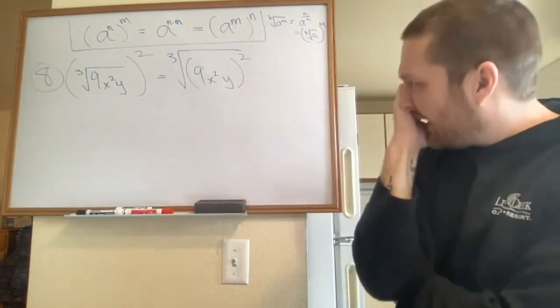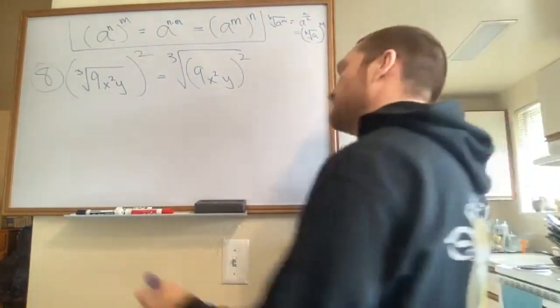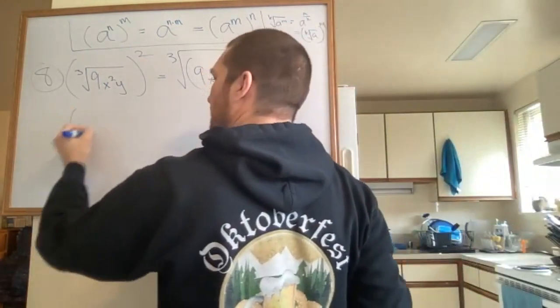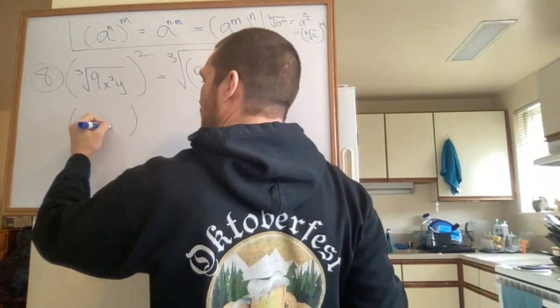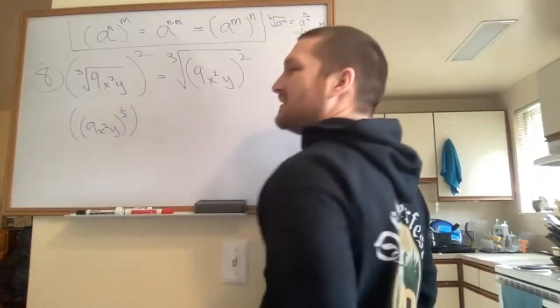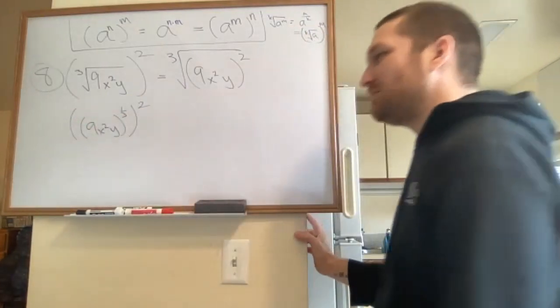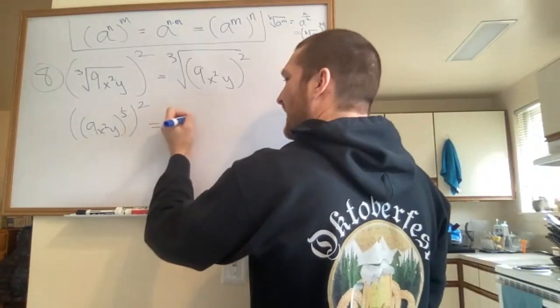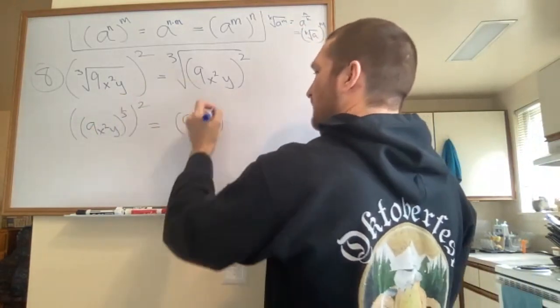And so, okay. I'm sorry, I do want to be explicit about that. This means in here, 9x squared y, the third root of it means you're raising that to the 3rd power, and then you're squaring it, which means the same thing as 9x squared y where you just multiply those guys together.